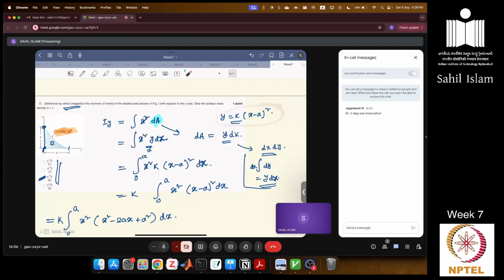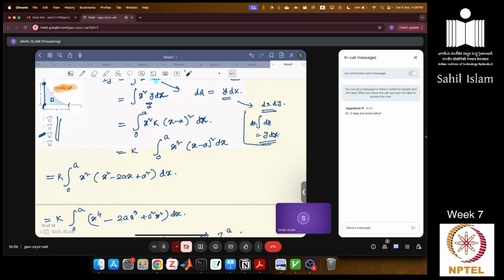So that is what we have put here, and then we take k out and do this integration. Does it clear it out? You can write in the chat.